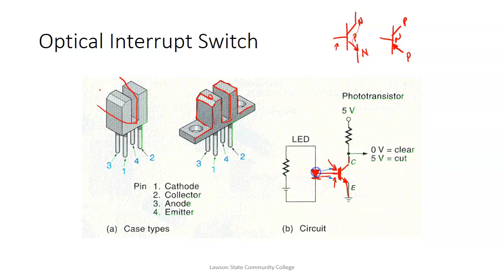They put enough light through here that it causes this thing to turn wide open. We refer to it as saturation. So the output would be 0 because it's bringing common up to here. And then when the light goes away, it turns off, and now the output will go up to plus 5 volts because there's no current flow through that resistor anymore. So these are photoelectric, these optical interrupters.